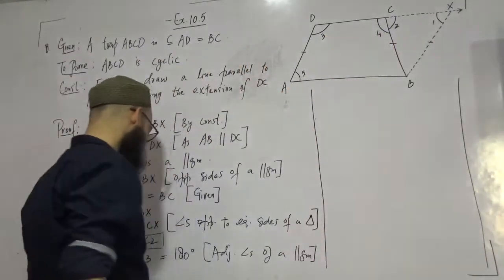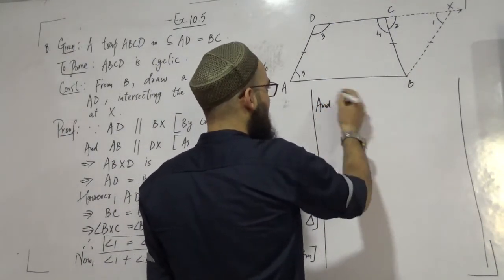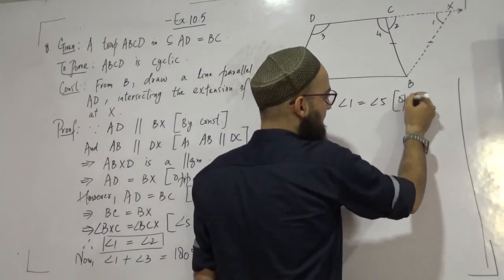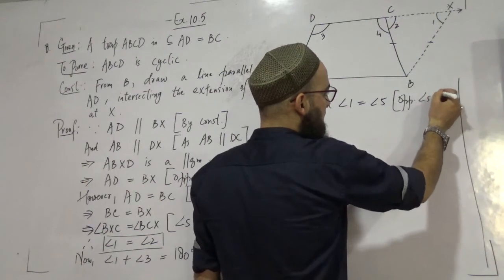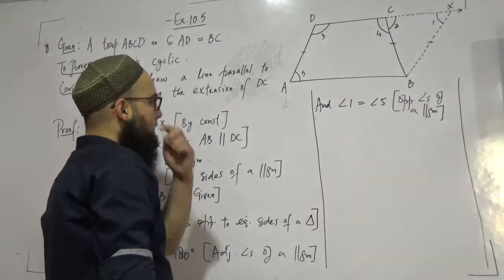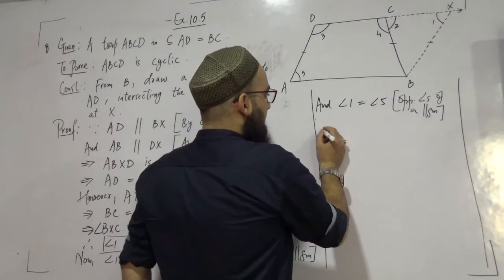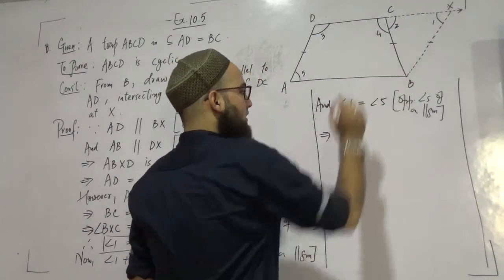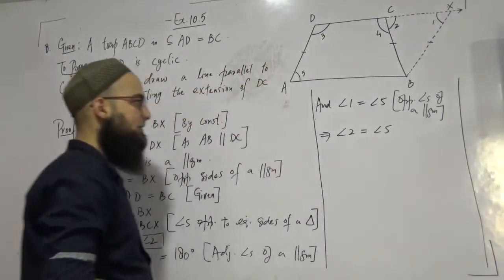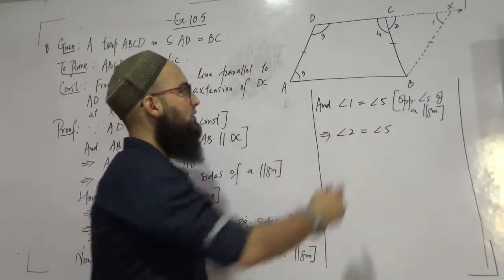This plus this is 180 degrees. And angle 1 is equal to angle 5, opposite angles of a parallelogram. That means you can say angle 1 is also equal to angle 2, and that means angle 2 is equal to angle 5. Got it? If angle 1 is equal to angle 5, that means angle 2 is equal to angle 5.